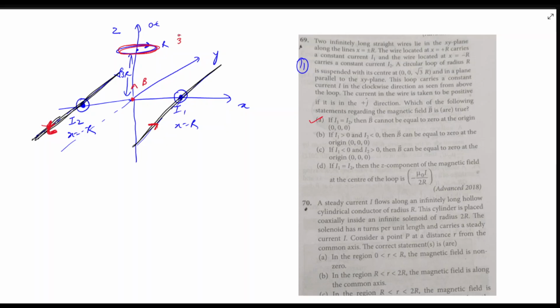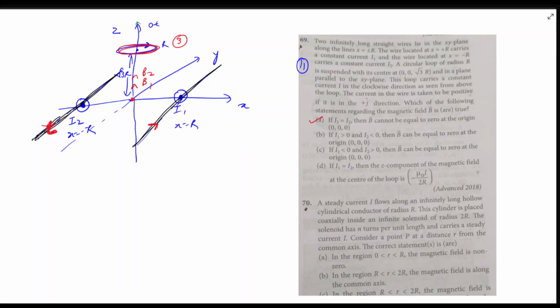So let's say this is the third, okay, so this is the third loop. So this is 1, 2, and this is the third current carrying. So B1 is like this, B2 will be like this, and due to this, if you are looking at it from above, the current is clockwise, so the magnetic field will be like this.